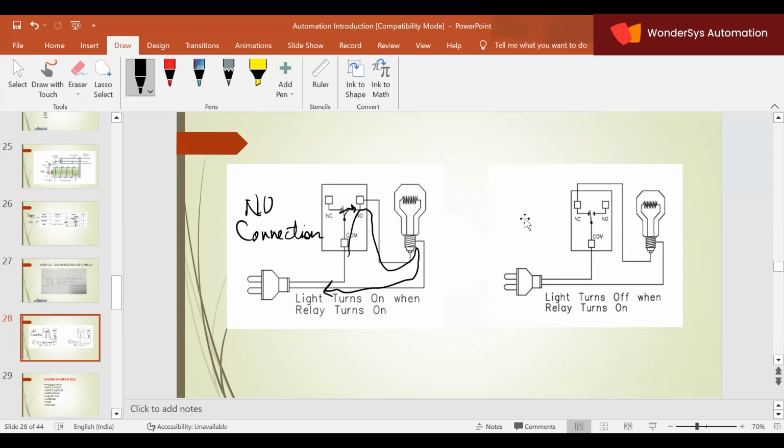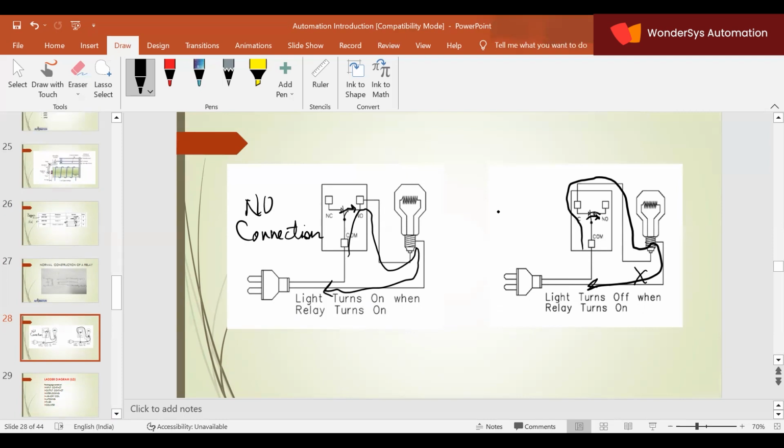Now here you can see, the lamp is connected to the NC connection and the common is already connected to NC. So therefore, the current will flow through the bulb. But when I apply the voltage, this will move, de-energizing the bulb.